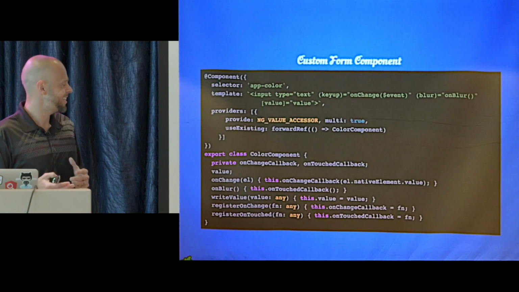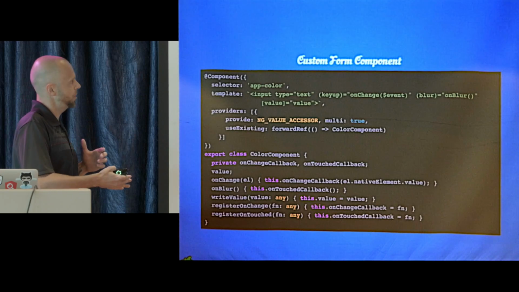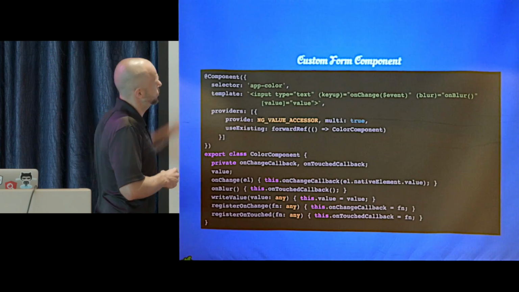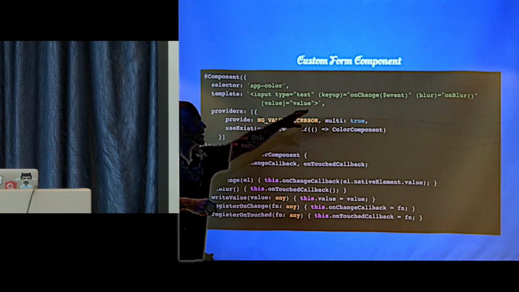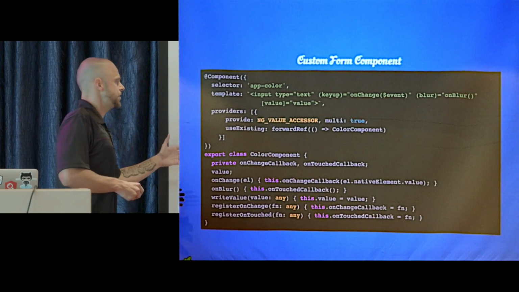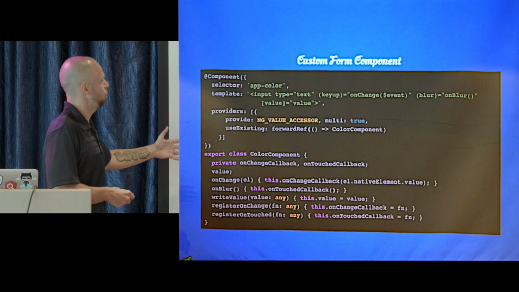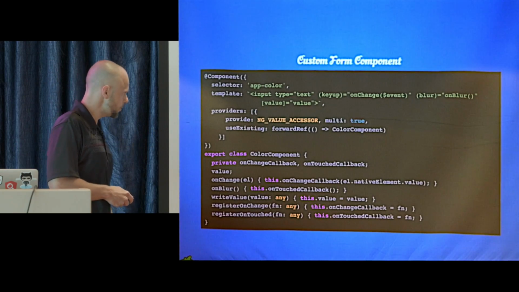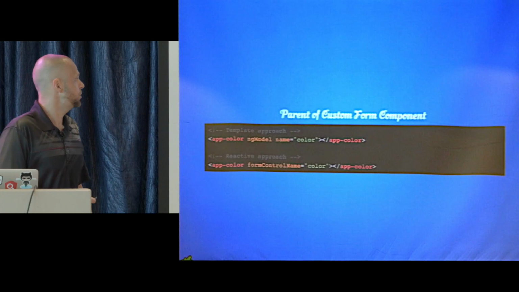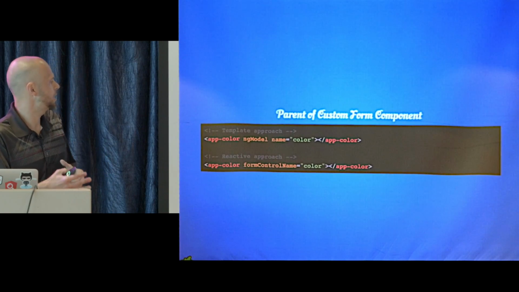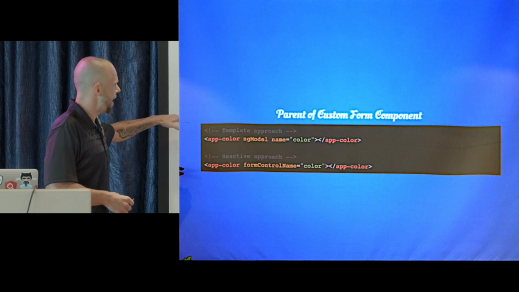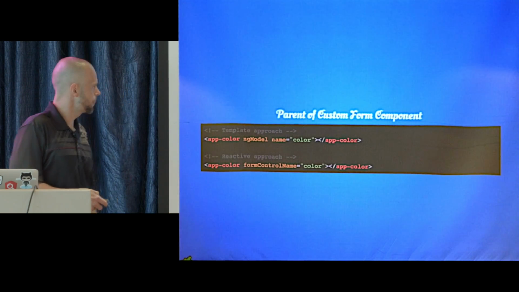And what I mean by that is this. If we have a custom form component that has an input of type text within it, we just need to wire up to all of its changes over here to all of the methods that are required to implement a control value accessor. And from there, we're able to wire this thing up in a parent and add our directives to wire it up for template or reactive, and it's going to work for both.